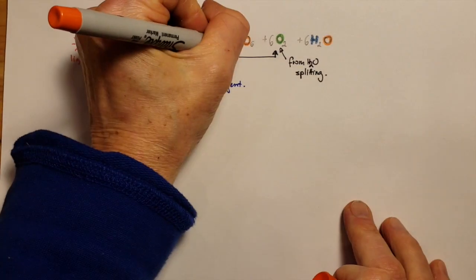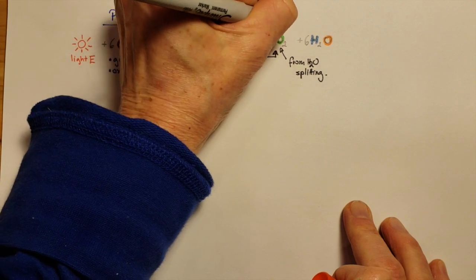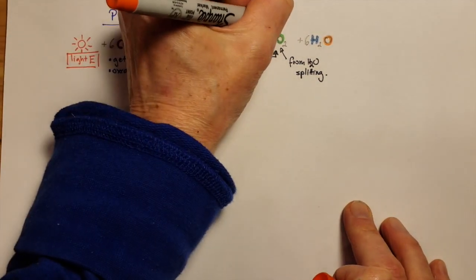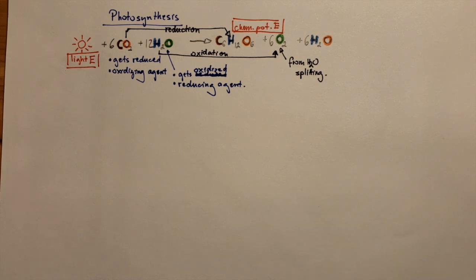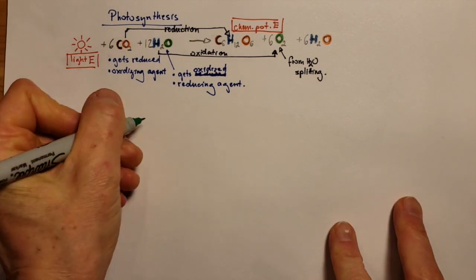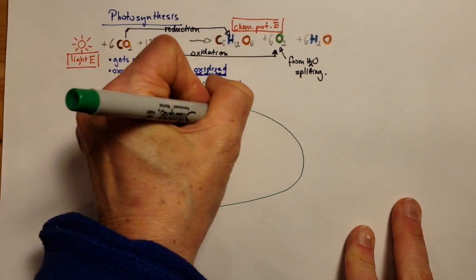The whole thing, so light energy to chemical potential energy. The chemical potential energy is in the bonds in the sugar molecule.